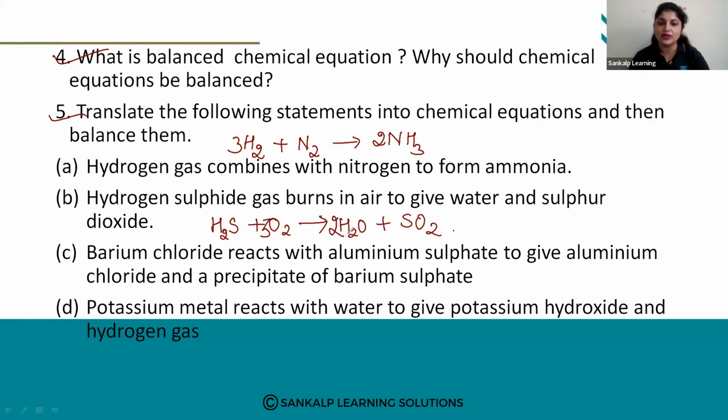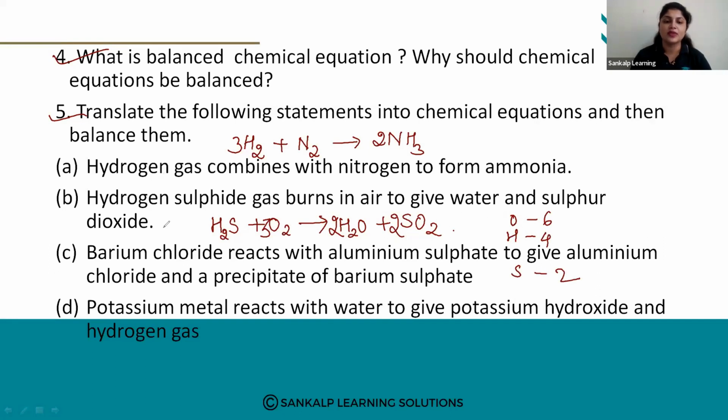Now this becomes 2, 4, and 6. Now just see how many oxygens are here: 2 times 3 is 6, hydrogens are 4, sulfur is 2.